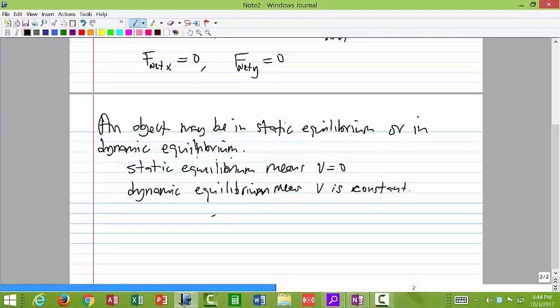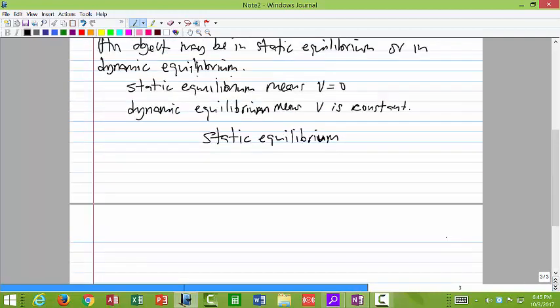Let's look at a case of static equilibrium.